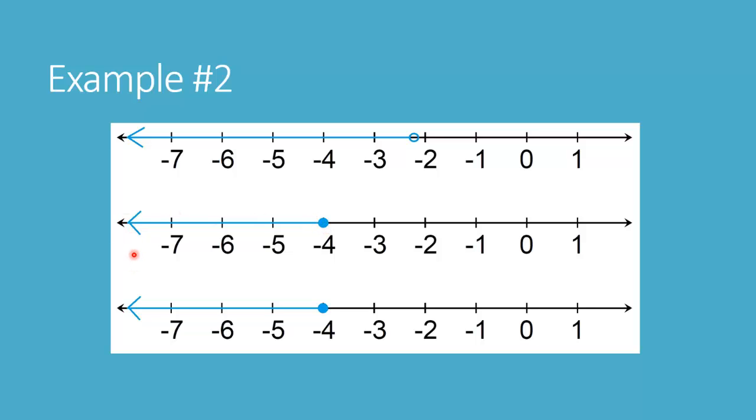So from this, it's actually just right here. This one actually simplifies down to x is less than or equal to negative 4, because any number greater than negative 4 is not going to be in both. So we don't even care about any number larger than negative 4. So all this part goes away. So the only thing we're left with is x less than or equal to negative 4.